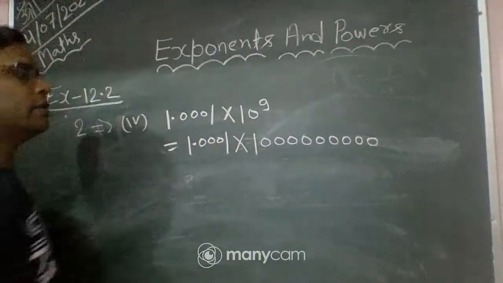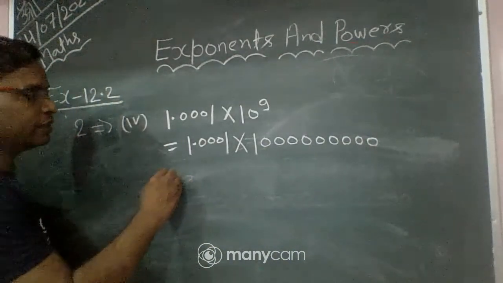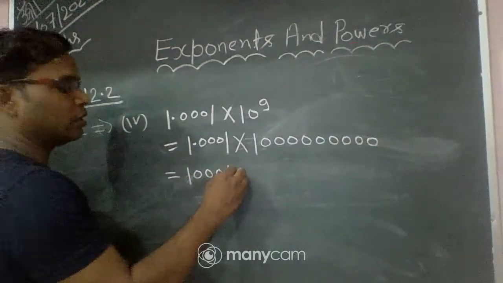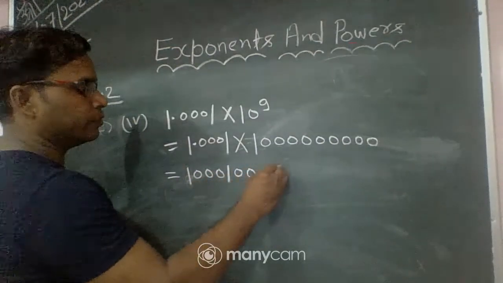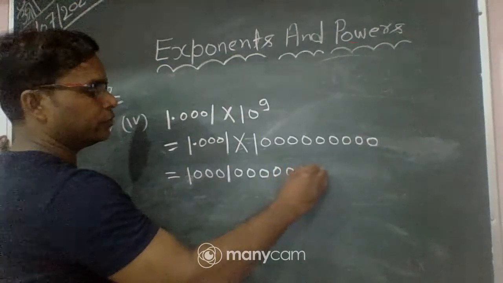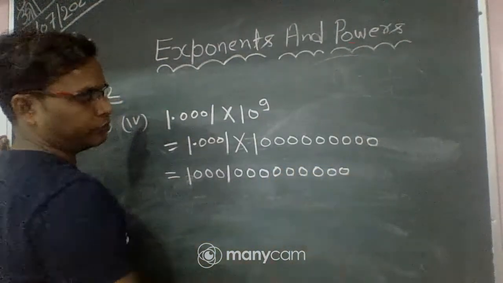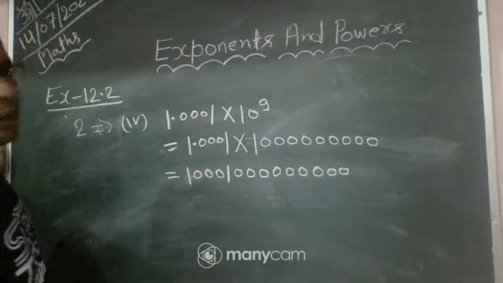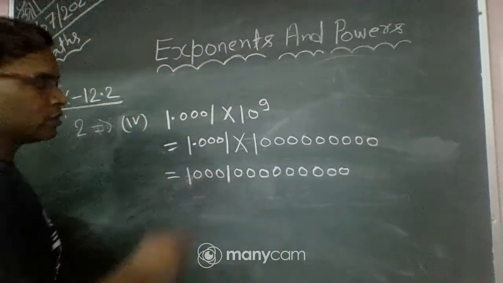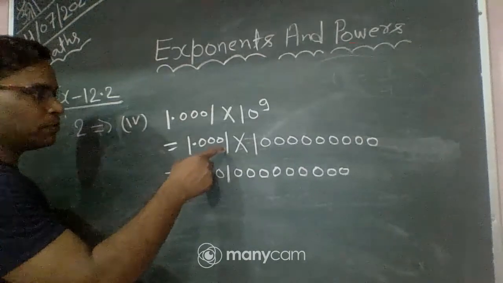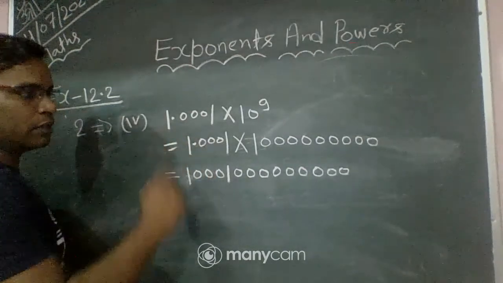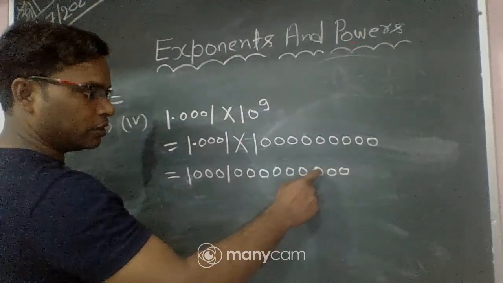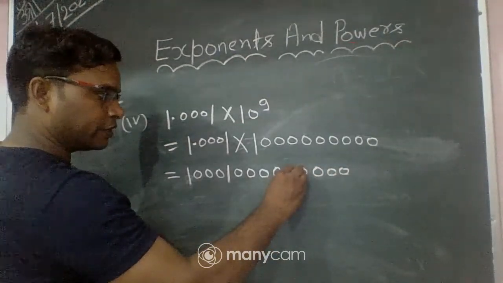Multiply by this, and you obtain 10001 followed by zeros. Here you can see the decimal is after 4 digits, 1, 2, 3, 4. So you put the decimal there.